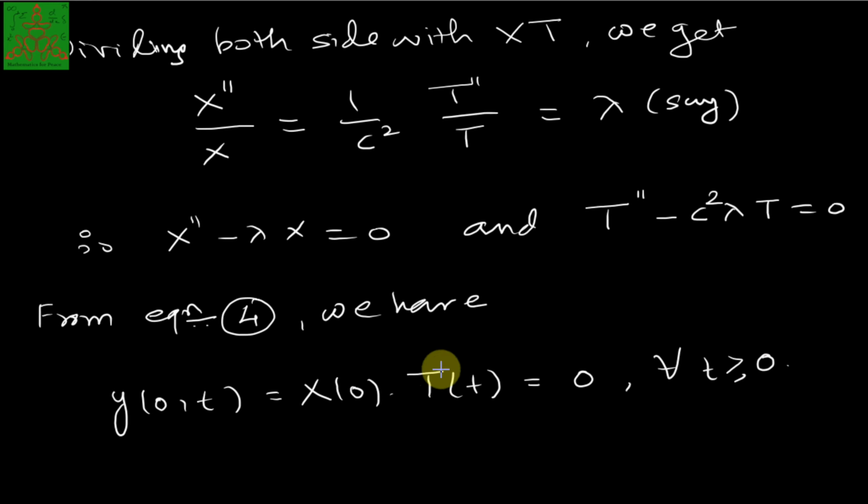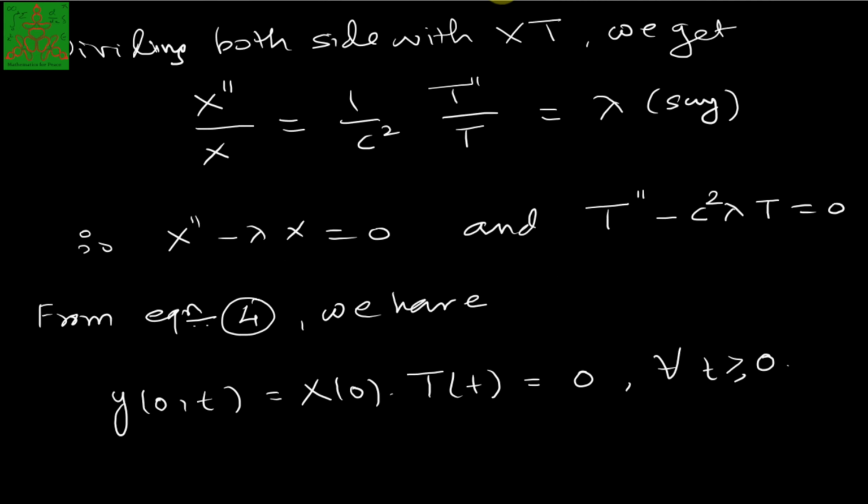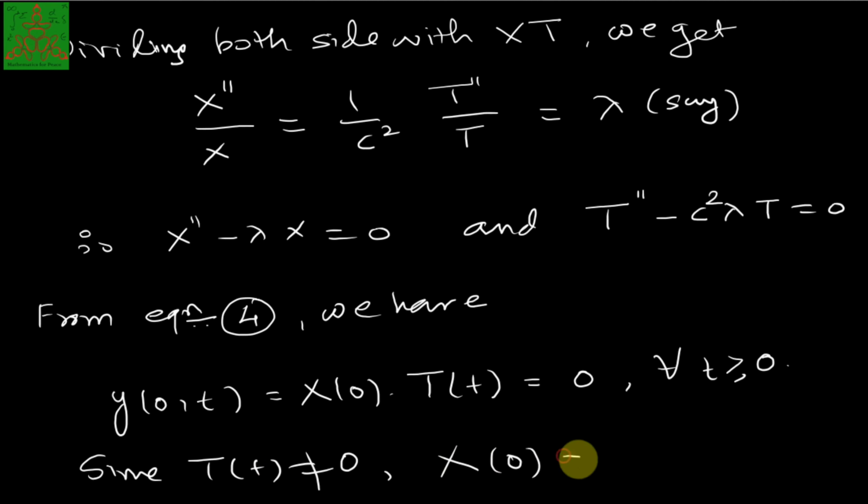But the time function is not 0, because we are looking for a non-zero solution, because 0 is always a solution for this problem, since 0 always satisfies this. But we are not looking at the zero solution. So since T of t is non-zero, if T of t were 0, then we would have the zero solution. That's why we have x of 0 is 0.